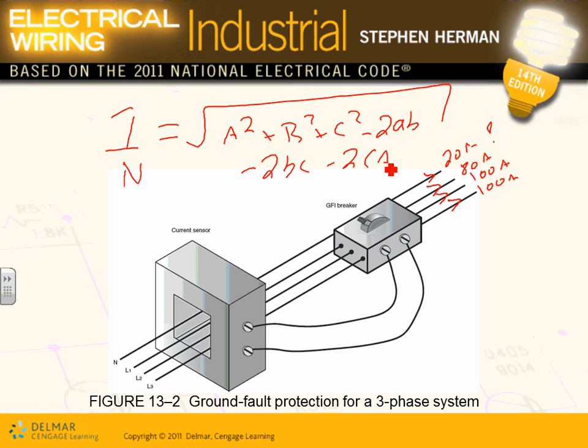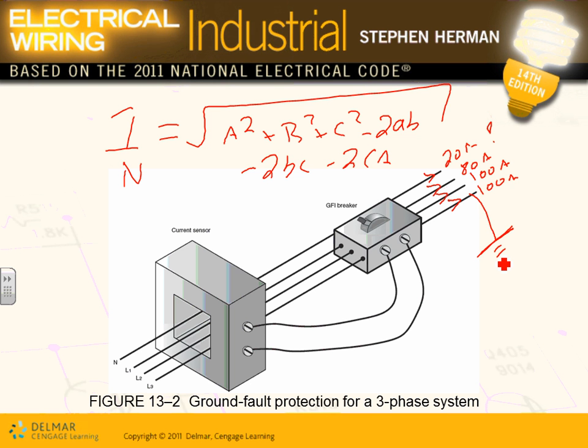These are the currents in each one of them. If they do this math and it doesn't add up, guess where the current went? Karen, the current went right here to a ground fault. There's a ground fault in the system.